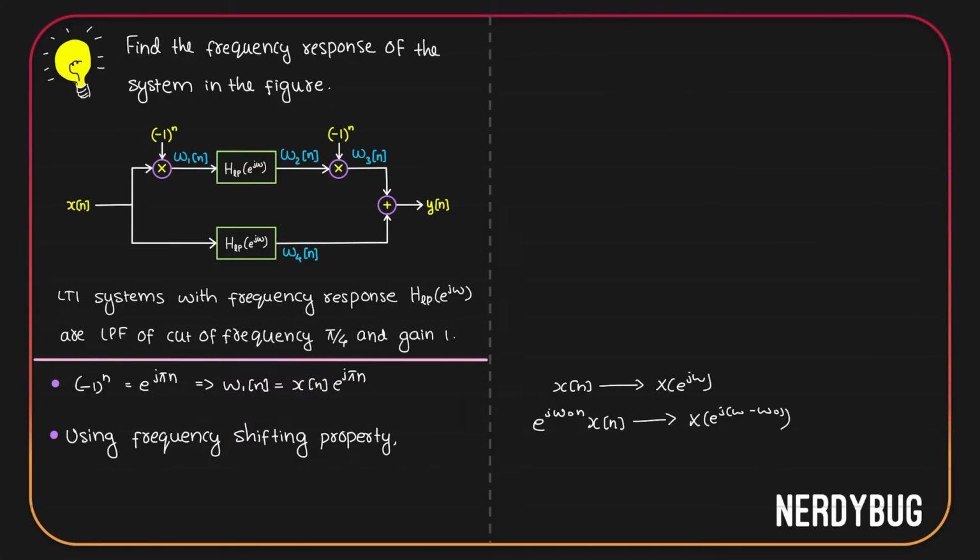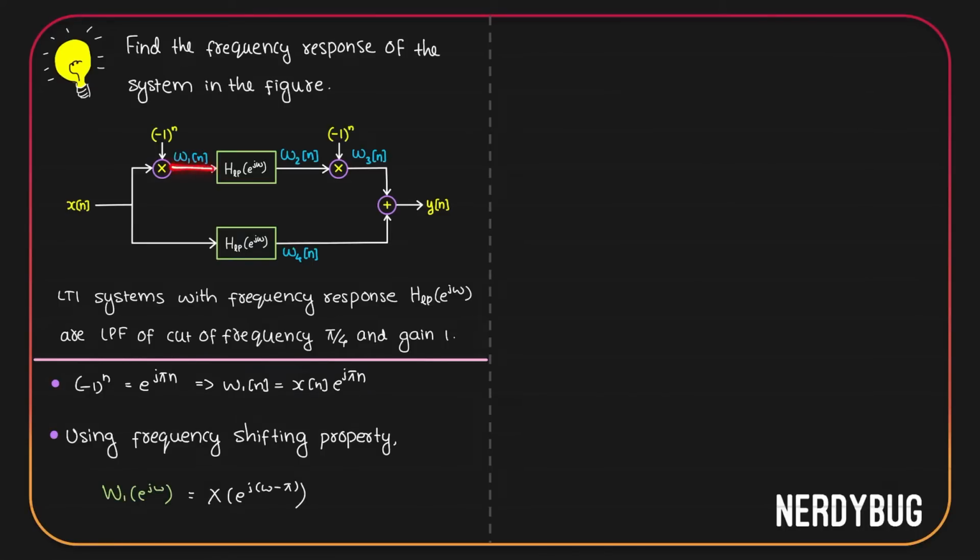This is a frequency shifting property. And that is exactly what we have here. Here omega naught is pi. So we can write w1 of e raised to j omega, the Fourier transform of w1 of n, is going to be x of e raised to j omega minus pi.